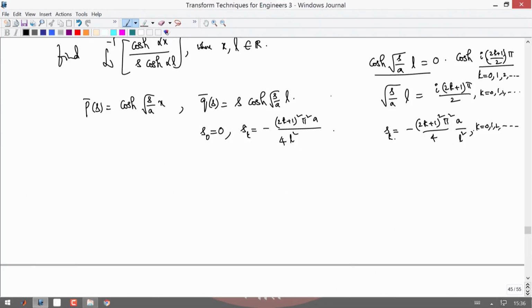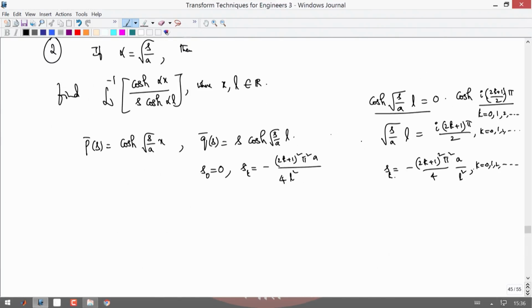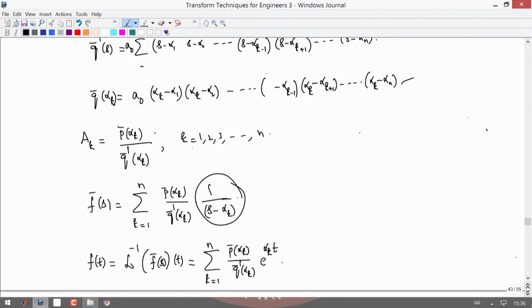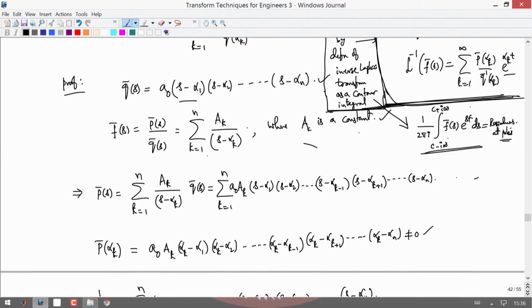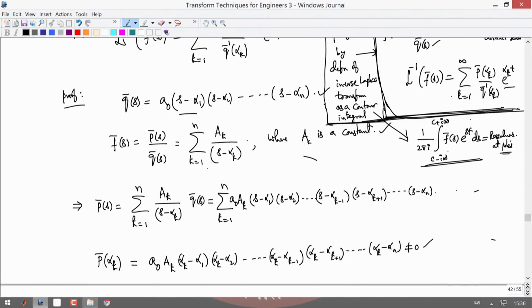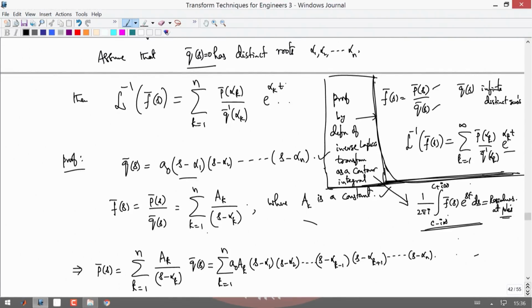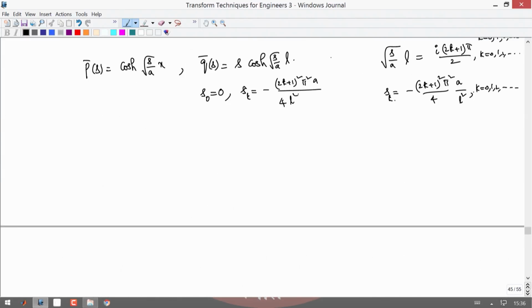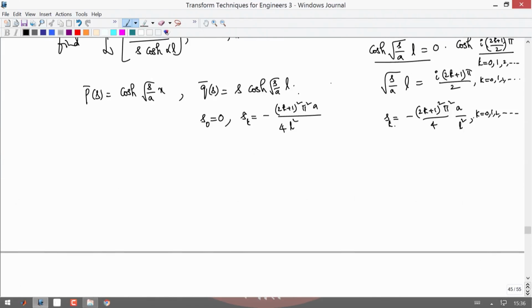The proof is by this contour integration technique, and this is on similar lines to the Heaviside expansion theorem. If it is valid, you just see that p bar and q bar are this, and these are the roots.